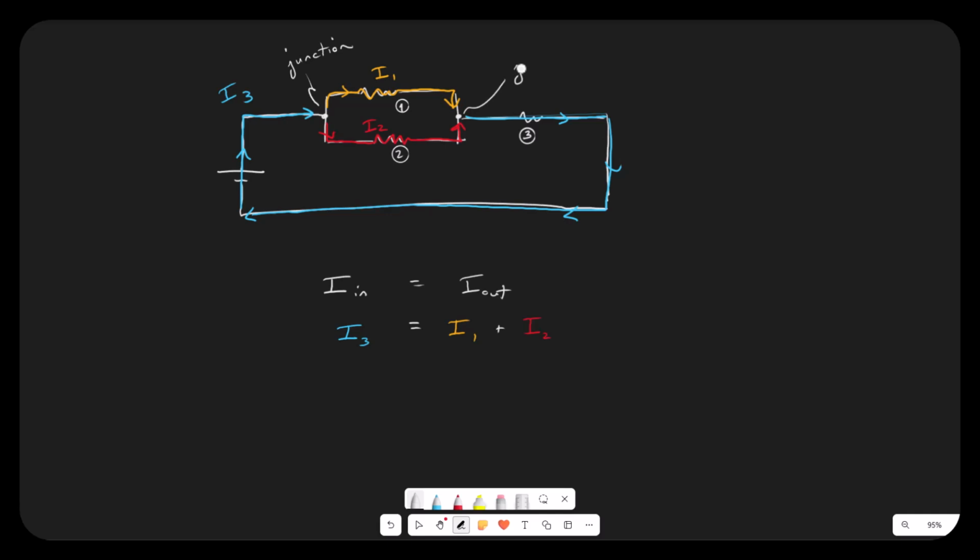If I wrote my junction rule equation for this second junction, I would get I1 plus I2 equals I3, which is the equation that I already have. If I have 12 junctions in a circuit, then the most junction rule equations I could possibly get away with using would be 11. It's always one fewer than the number of junctions.